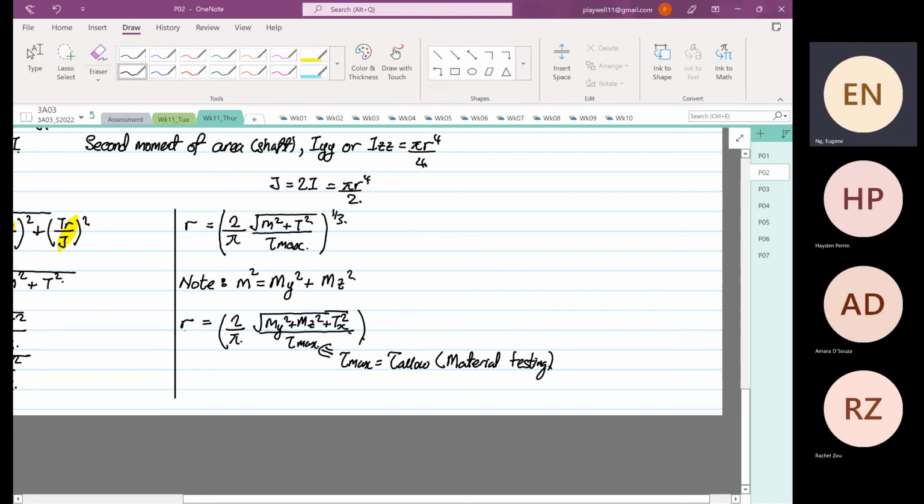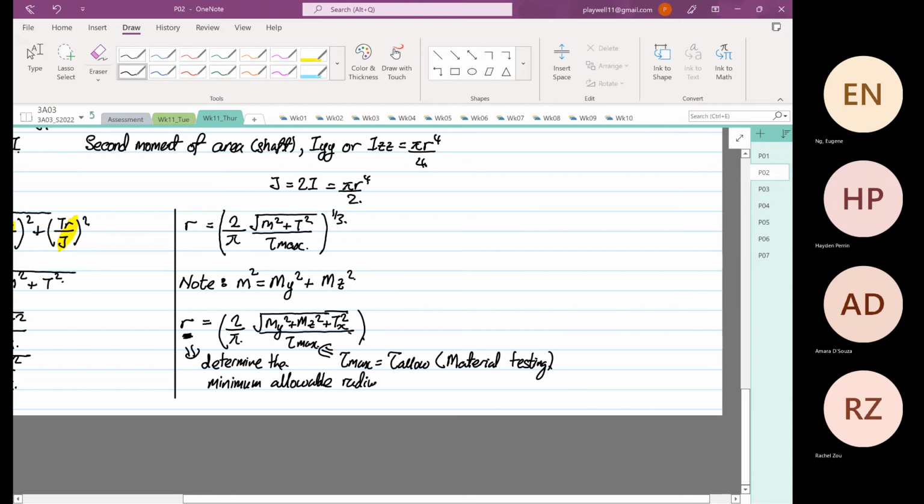So with this formula over here, we can determine the minimum allowable radius of the shaft. Okay.